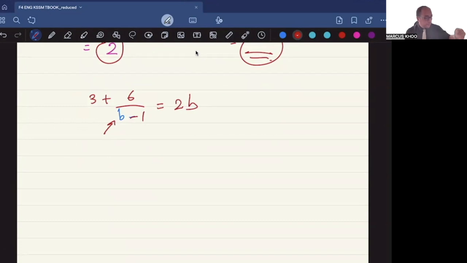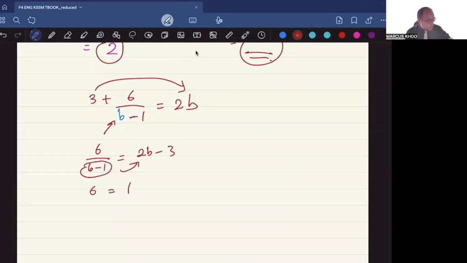First of all, let's bring the 3 over here. So 6 over B minus 1 equals 2B minus 3. Then B minus 1, we bring above, we'll get 6 equals 2B minus 3 times B minus 1.